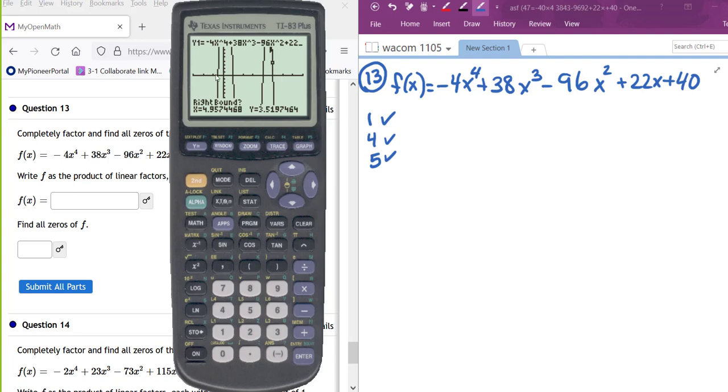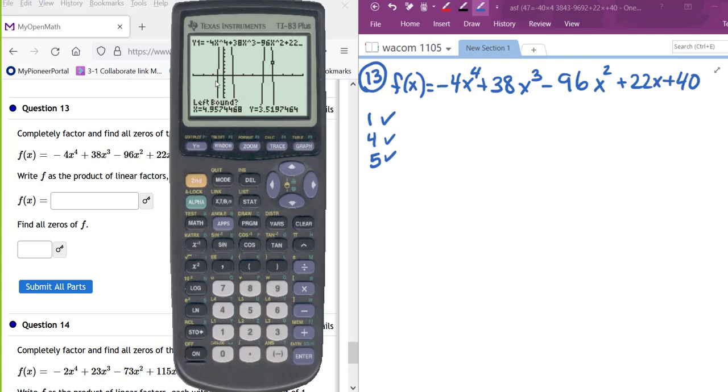This is the one that is probably a fraction. So we're going to do left bound. Let's say a -2. My calculator is doing weird stuff here. I don't want a right bound there. Let's clear.